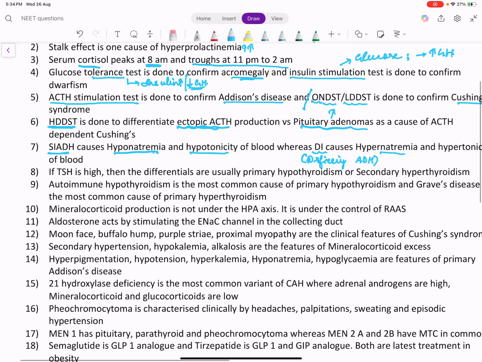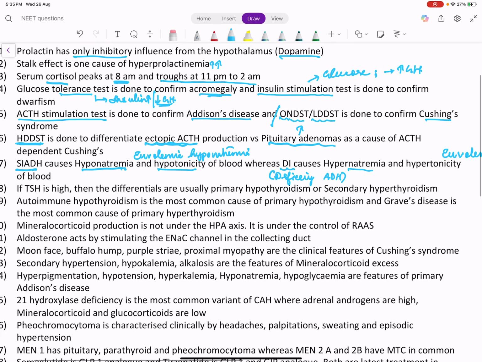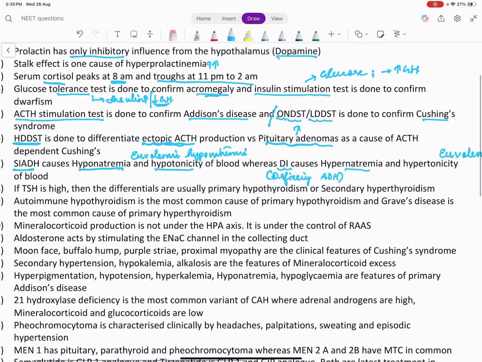So usually they say euvolemic hyponatremia is caused by SIADH. Euvolemic hypernatremia is caused by diabetes insipidus. Diabetes insipidus may be central or nephrogenic.